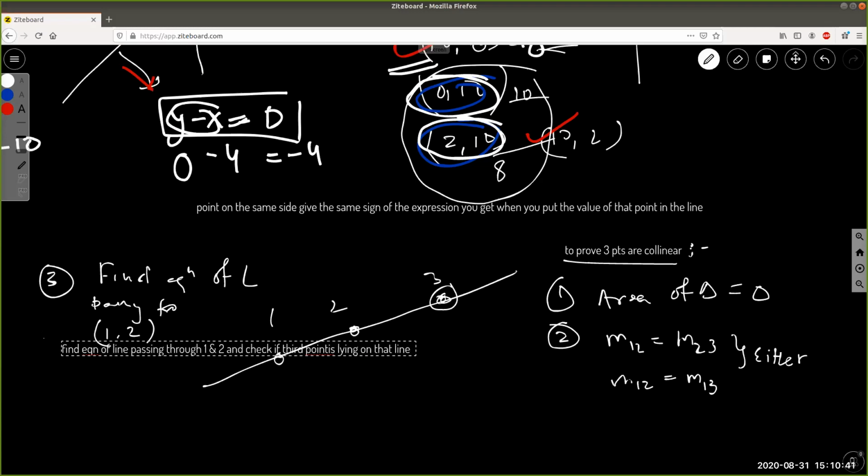Basically, you pick any 2 points, find the equation of the line passing through them, and then check whether the third point lies on that line. Correct? Can you do something else? I think this is enough. These three methods are okay.